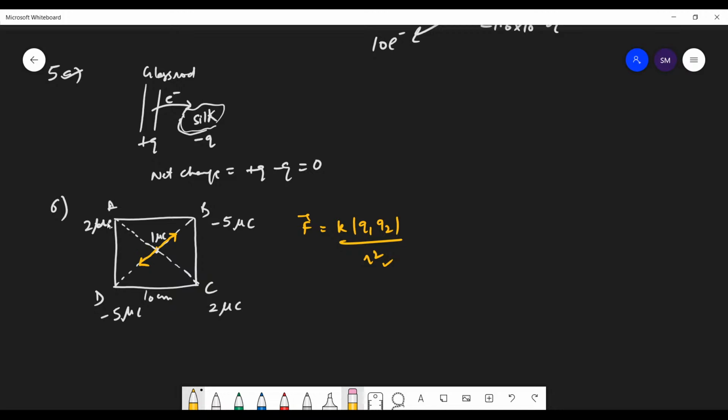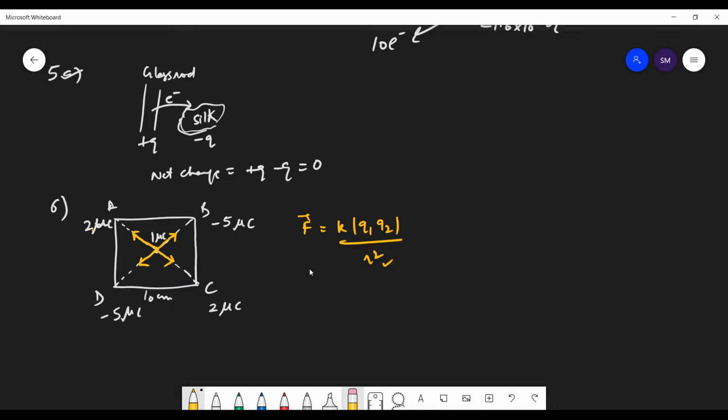And here also this is 2 microcoulomb, so it will be repelled due to this, and due to this also it will be repelled in this direction. So again these forces will cancel out each other. The charge distribution is symmetrical, and the forces are cancelling out each other.